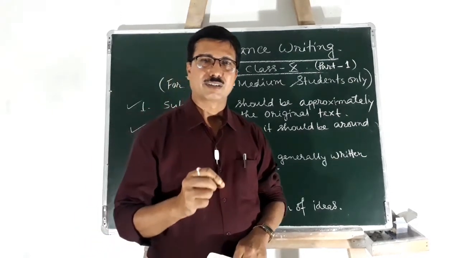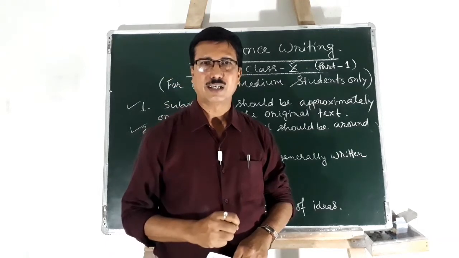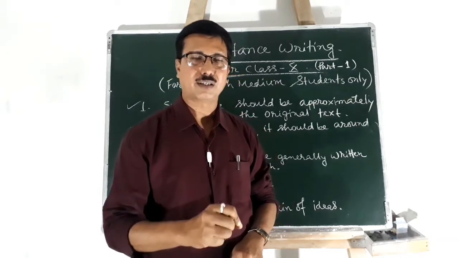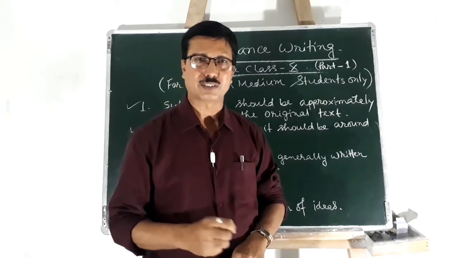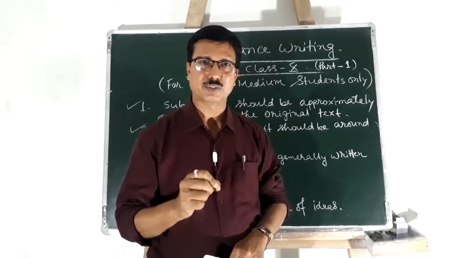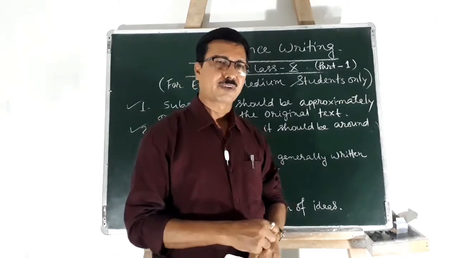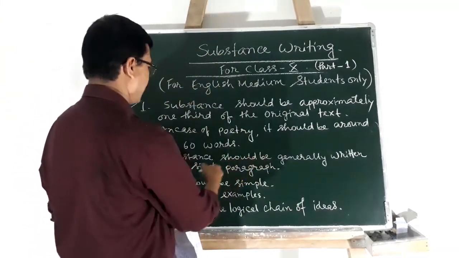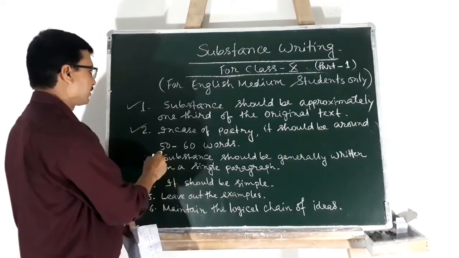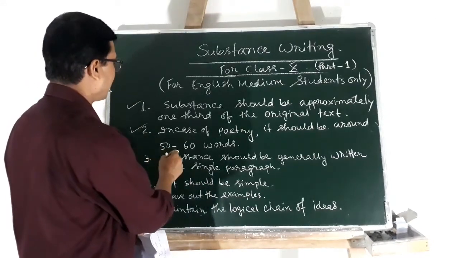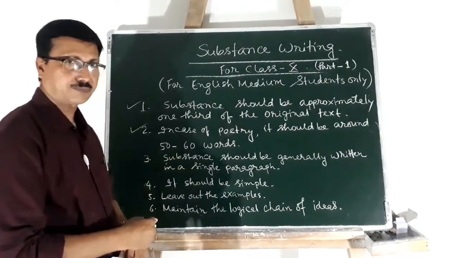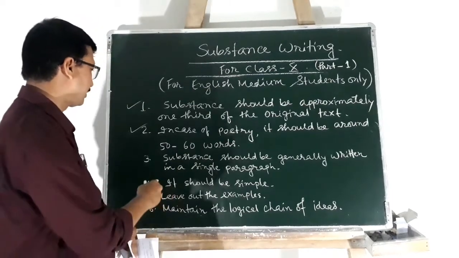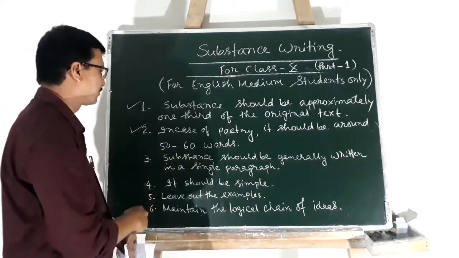Just write the central idea of the lines or what the poet says through the lines. We should write that only. And in this case, the words should not be more than 50 or 60.